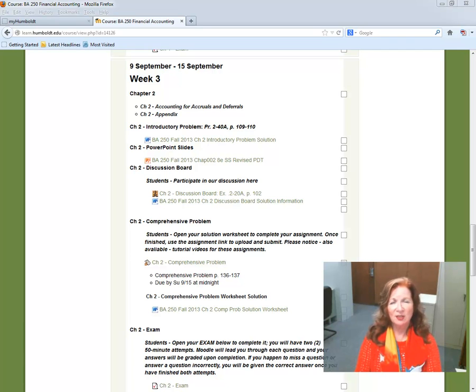The next transaction that they have for you is advertising. An advertising expense is when you pay for advertising in magazines or on the radio, or around Humboldt right now. We see all these buses that look like roving advertisement boxes for different companies. So that's a form of advertising.